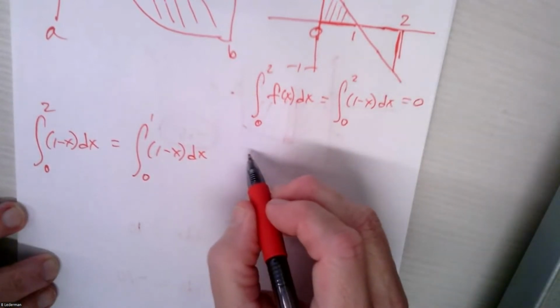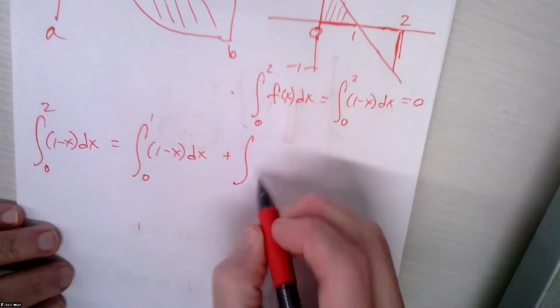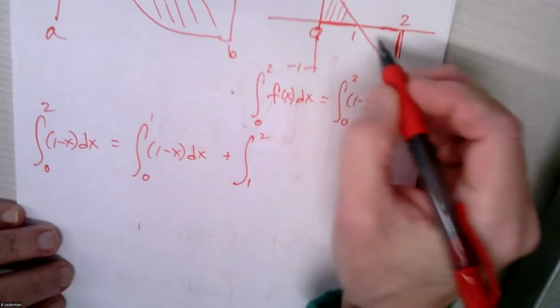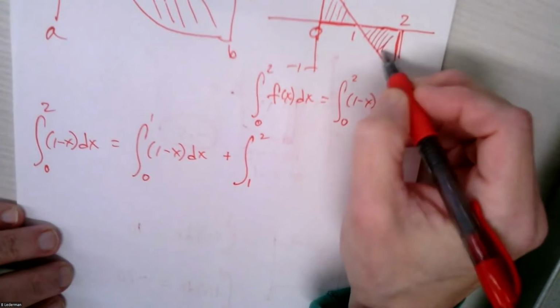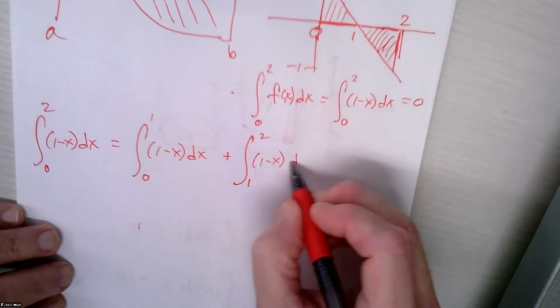And then I have to break it up into the integral from 1 to 2, which is that part down there, of 1 minus x dx.